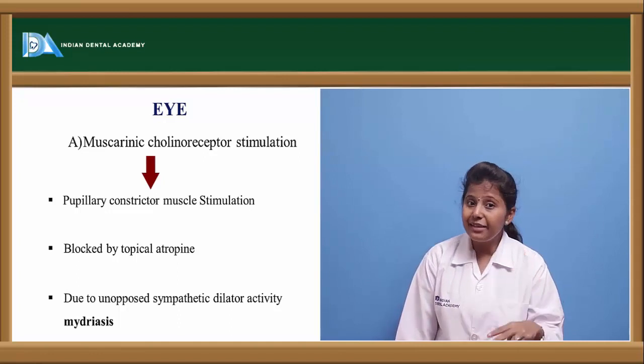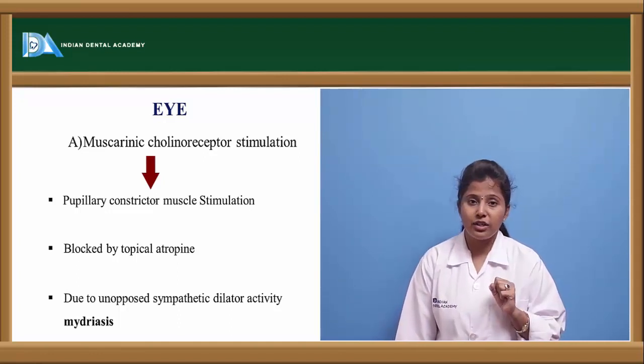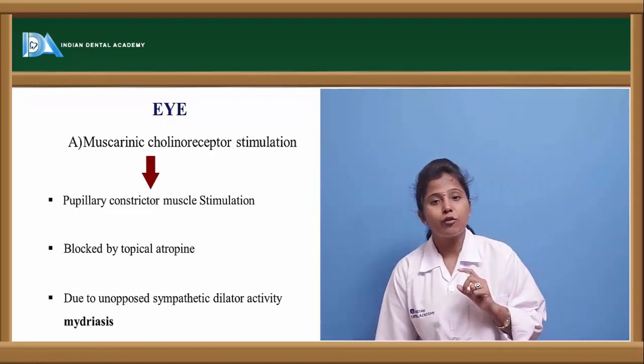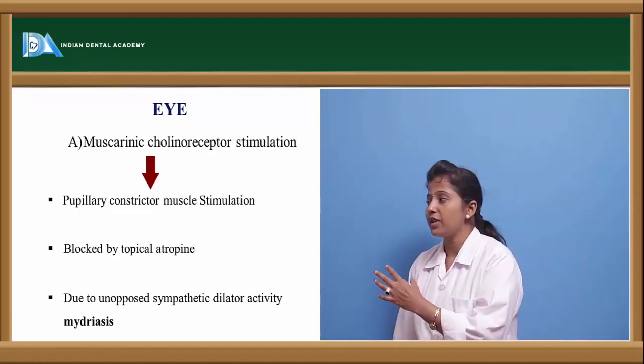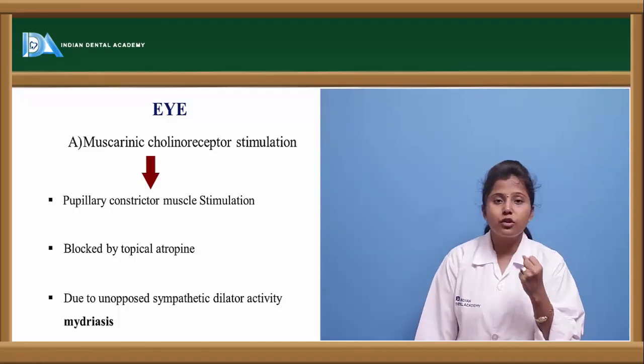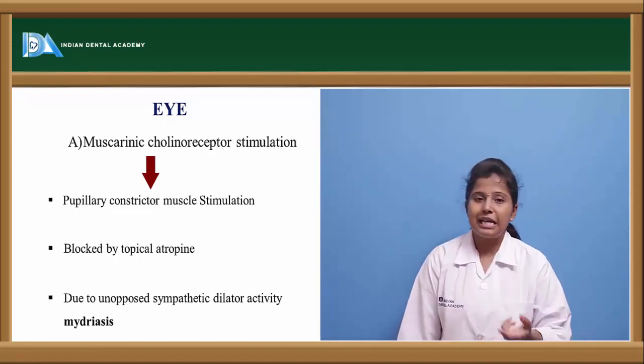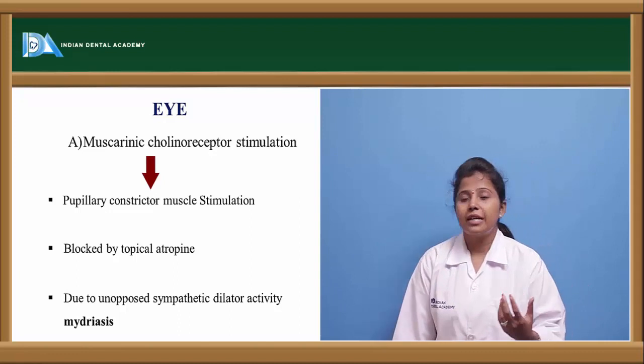That is one of the side effects of these anticholinergic drugs. They have common side effects of dry mouth and blurred vision. This blurred vision is because of the effect on the pupil of the eye, thereby leading to a condition called mydriasis.